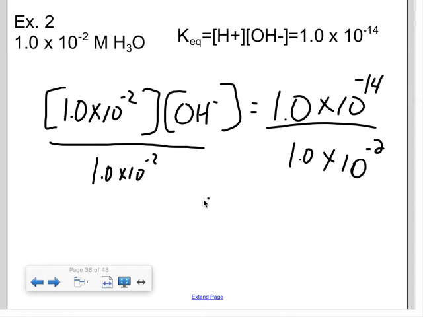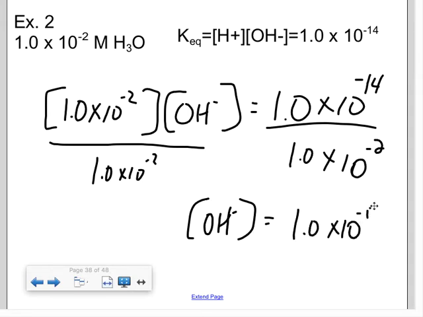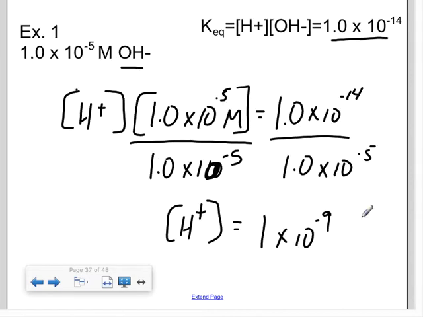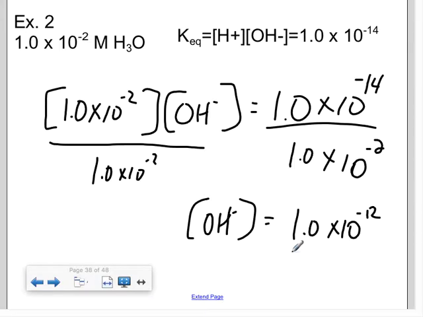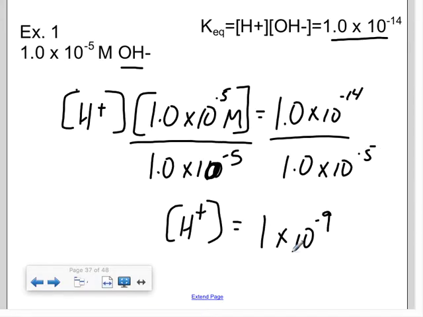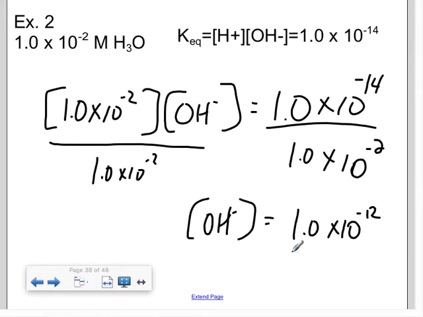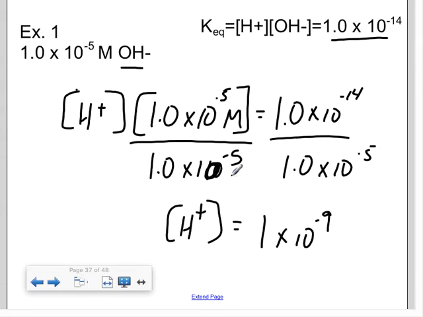So the concentration of my OH comes out, and this makes sense because anything above 7 is basic, and we're looking at OH concentration. In this case, we have negative 12. I solved for the wrong one. Maybe this was supposed to be an H, and this is supposed to be OH. My bad.